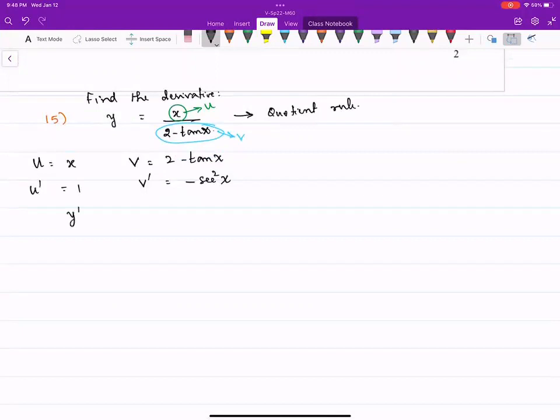So what is y prime? Which is d by dx of u over v.